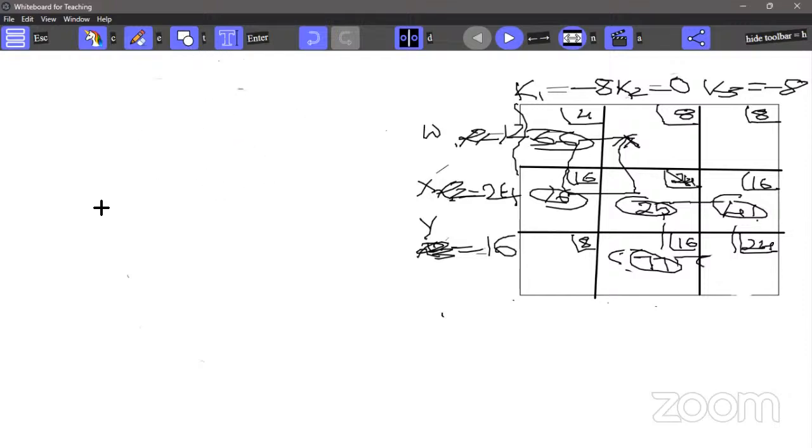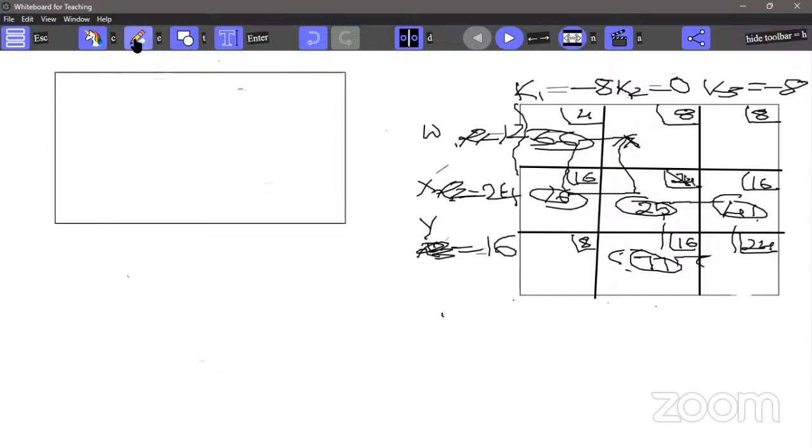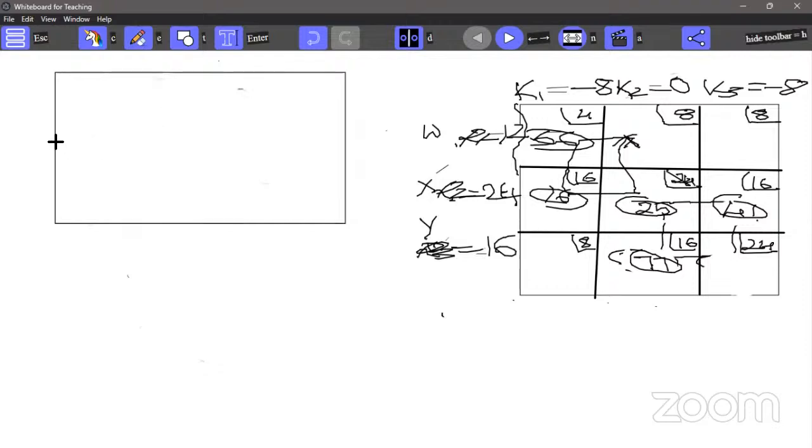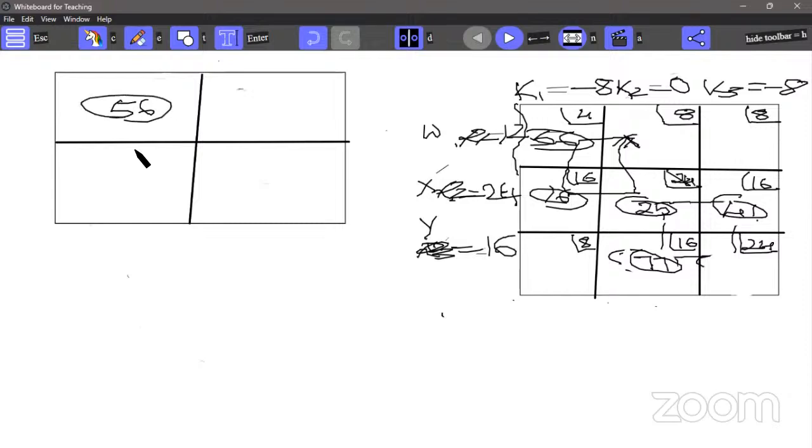Yeah, tell me the improvement now. In the WB cell, what should I put? Plus, followed by minus, plus, minus. From wherever I'm starting, I should put plus. See, in this loop, I have 56, 16, 25.